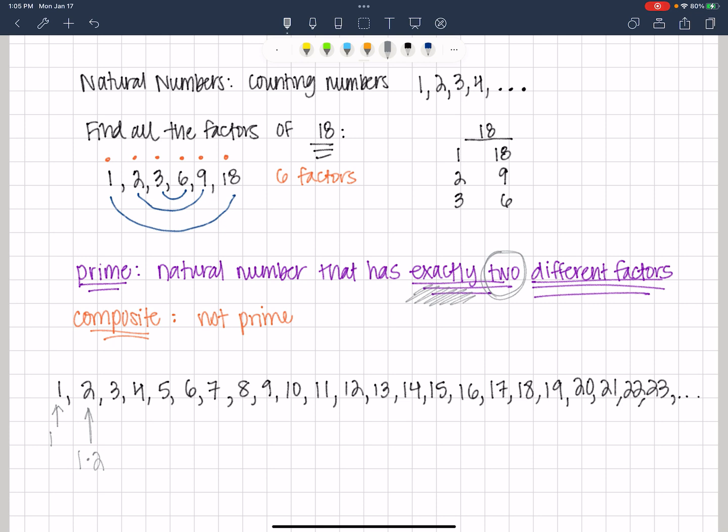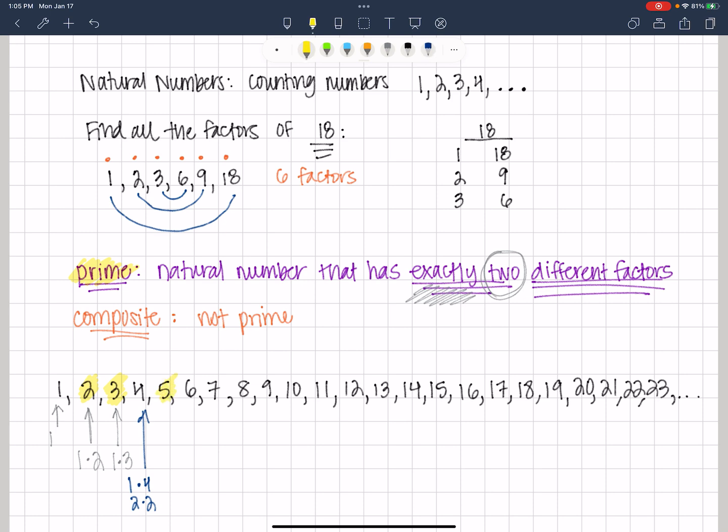That's exactly 2 different factors. 2 is a prime number. 3 is 1 times 3. That's exactly 2 different factors. 4 is 1 times 4, and also 2 times 2. That would be 1, 2, and 4. That's 3 different factors. 4 is not a prime number. It is composite.